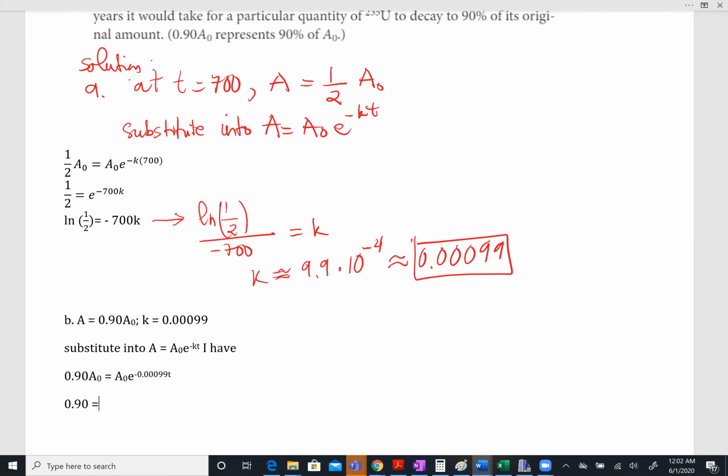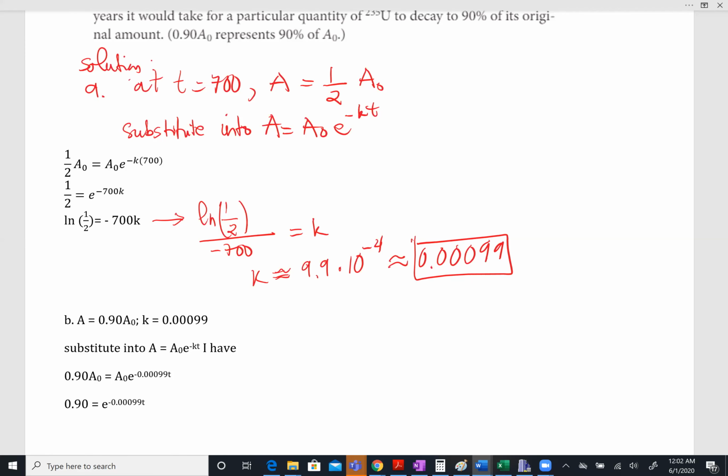So 0.90 on the left equals e to the power negative 0.00099 t. In order to find t, and t is now in the exponent, I need to convert it to natural log form.